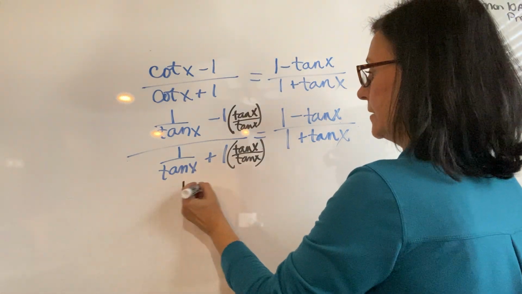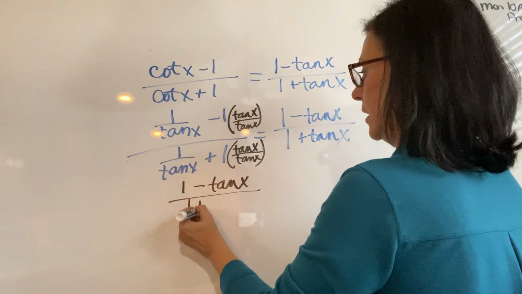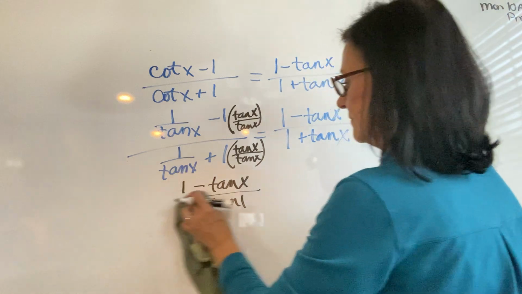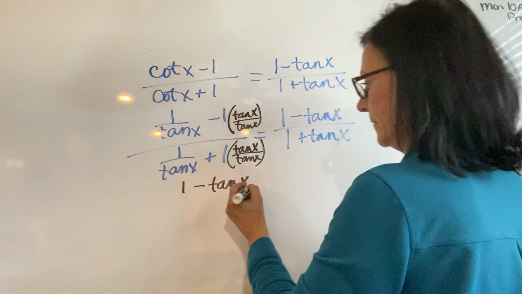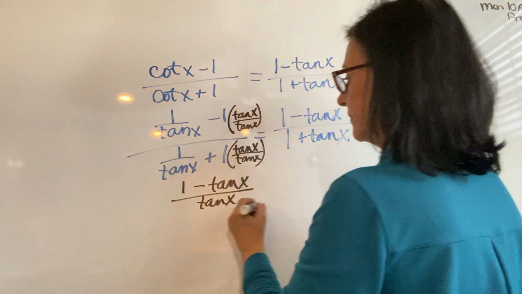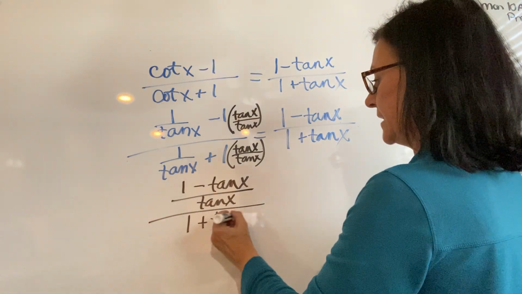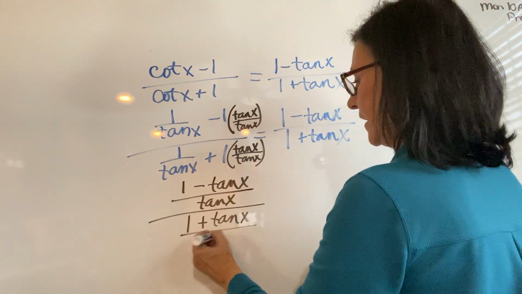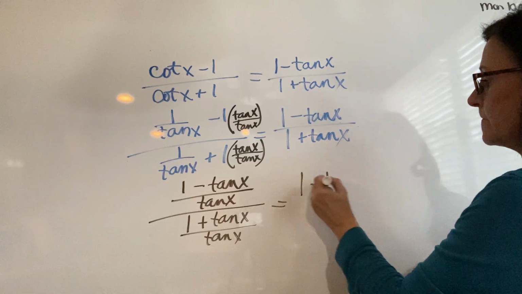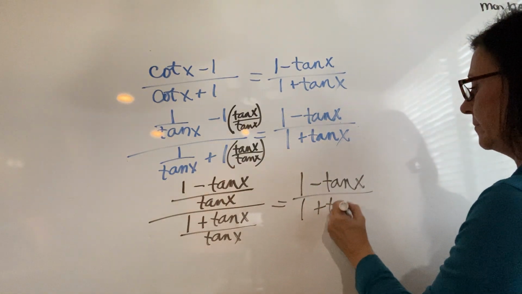So it's going to be 1 minus the tan of x over the tan of x. I was just skipping my common denominator, wasn't I? Over the tan of x, that's the numerator. And in the denominator, it's 1 plus the tan of x all over that common denominator, tan of x, equals 1 minus tan of x over 1 plus tan of x.